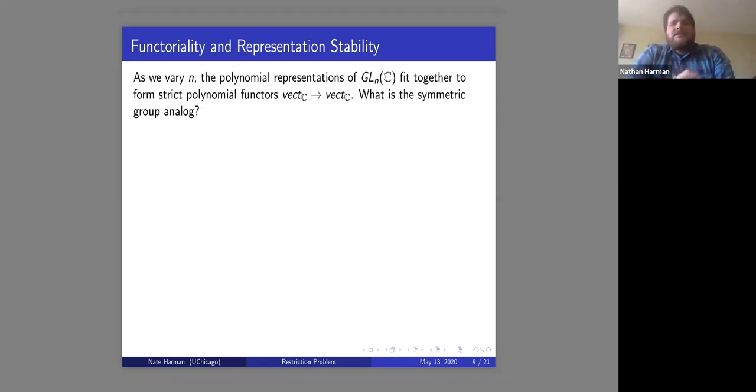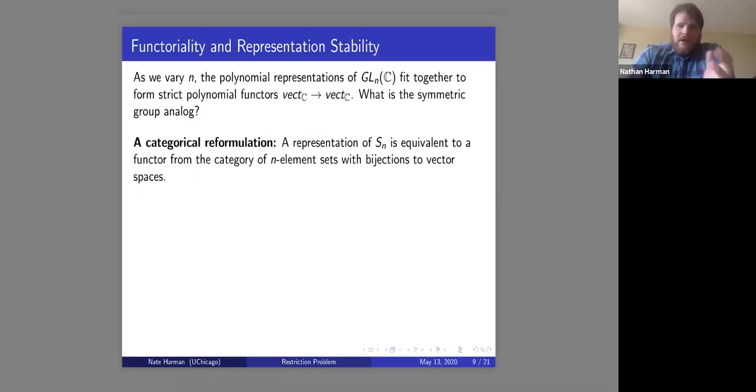So what is the symmetric group analog of these polynomial functors, and what can we say about them? Maybe the first thing to do is to reformulate what a representation of a symmetric group is in categorical language.